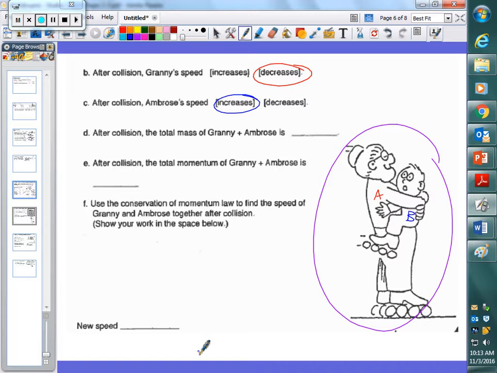After the collision, now that they're one big system, what is the mass of that system? 120. Because all we did was add together Granny's mass and Ambrose's mass. After the collision, the total momentum of Granny and Ambrose is 240.